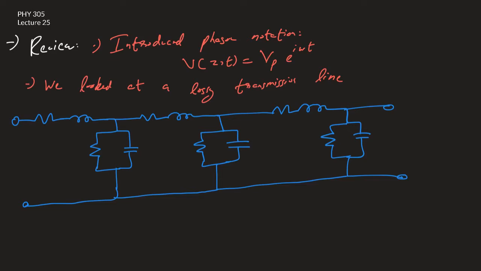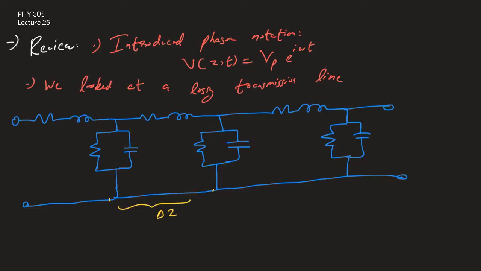The distance between here and here, this distance we call delta Z. So we took a small segment of a very long transmission line, and we said that this transmission line can have a resistance R per unit length, an inductance L per unit length, a transconductance G per unit length, and a capacitance C per unit length.